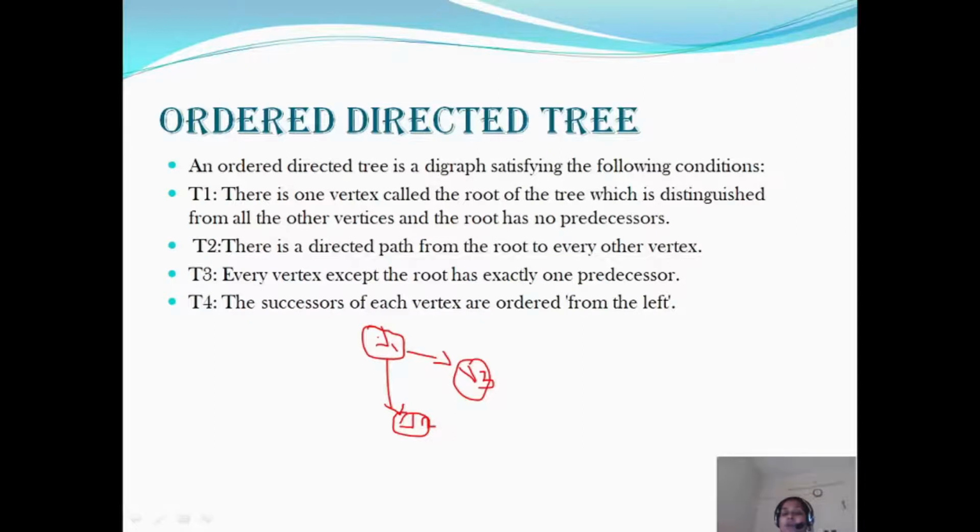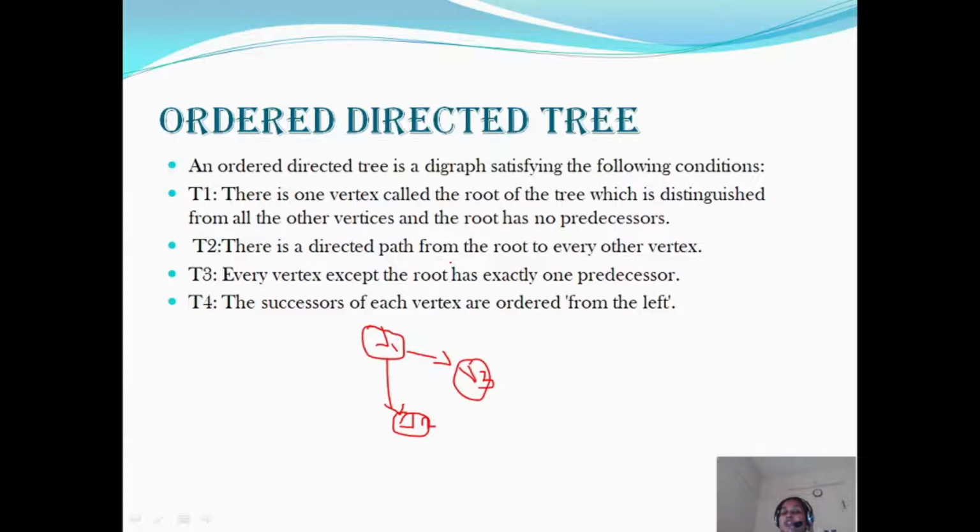So V1 is the predecessor of V2. But V1 has no edge coming from any other vertex, so V1 has no predecessor. So that is called what? Root.